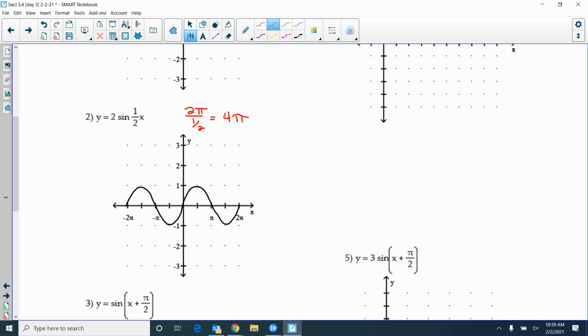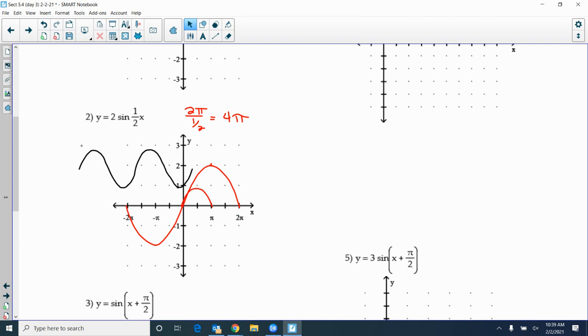What's going to show up between 0 and pi? Basically your x coordinates are going to double. So at pi over 2, that's going to double to pi, and at pi, it's going to double to 2 pi. So think about this. Since my maximum is now 2, you're going to get this first piece right here, because it got stretched, and then this second piece over here.